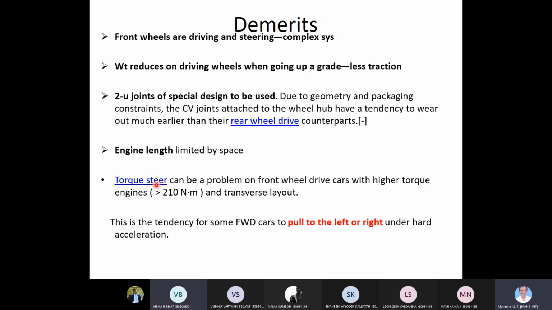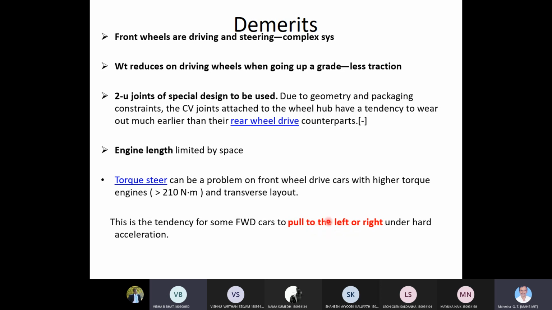The driver may not be steering to right or left, but if there is a sudden acceleration, because of the large torque being delivered instantaneously, it may result in the vehicle being pulled to the right or to the left without the knowledge of the driver.